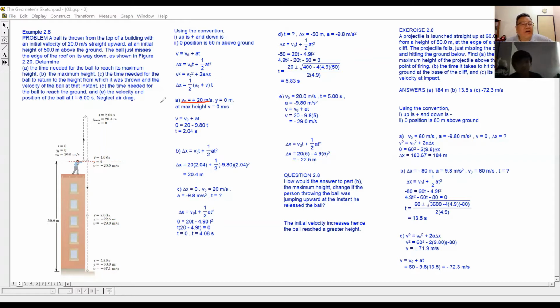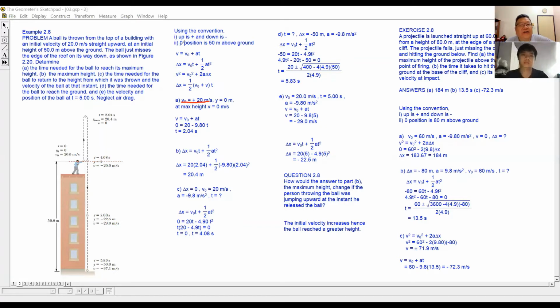Now another convention is that we all agreed earlier the starting point is zero level. So our zero level is actually 50 meters above the ground. This one you have to remember.